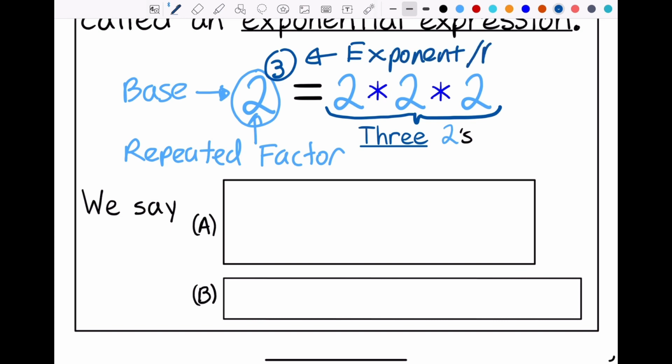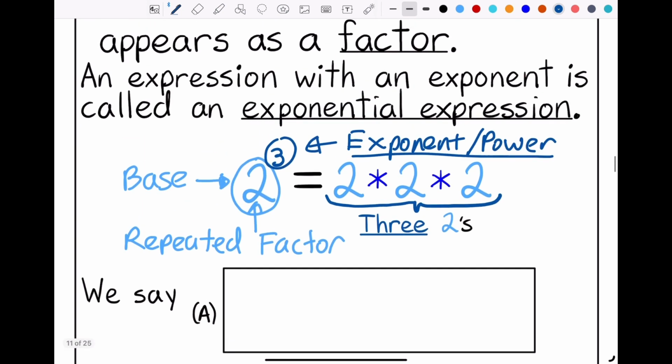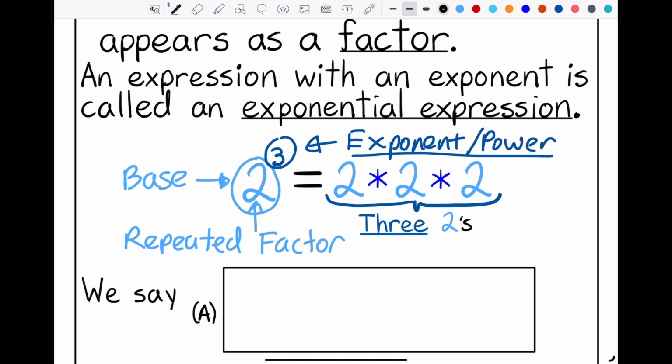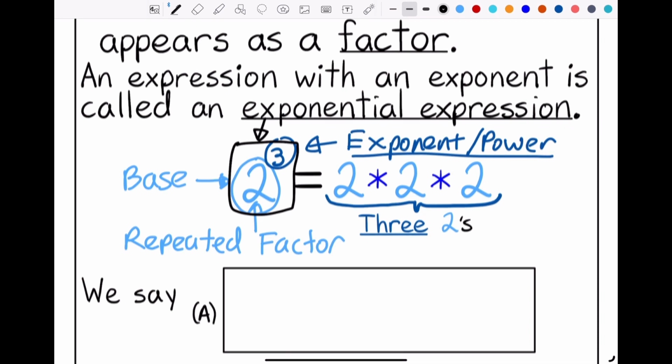So 3 is our exponent, or power. And now this entire expression with an exponent is often called an exponential expression. So this expression with 2 and the exponent 3 is our exponential expression. So there we have it. We have the vocabulary of exponential expressions.